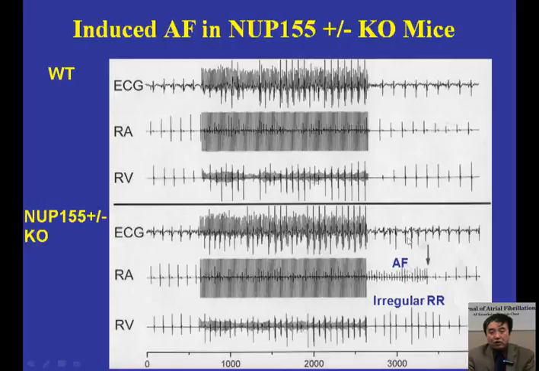However, in the knockout mice, with stimulation, we can see clear abnormal AF-like electrical activity. And in the right ventricle, there is an irregular R interval. Again, these studies demonstrate that the loop155 knockout mice develop AF.